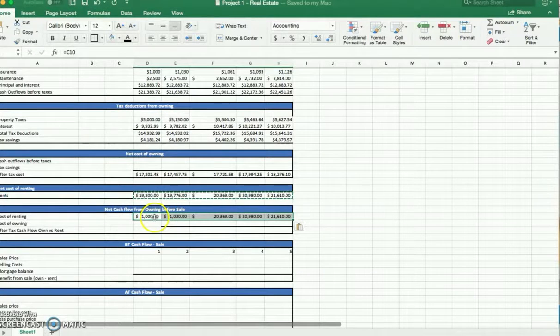I don't know why these two changed. I'm just gonna change it. And then 19. And then you do the same thing, take the after-tax cost for the cost of owning.